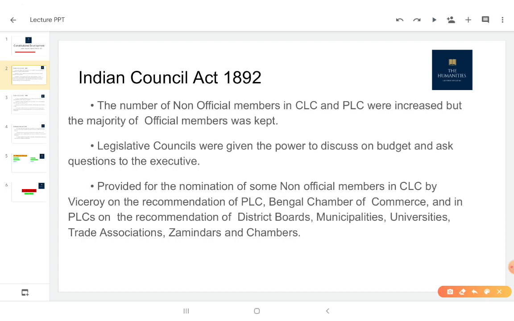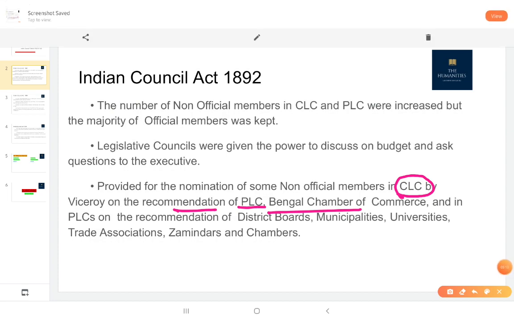For the Central Legislative Council, the recommendation came through the PLCs, the Provincial Legislative Councils, and the Bengal Chamber of Commerce. So these two organizations were recommending the membership for the Central Legislative Council through the Viceroy.